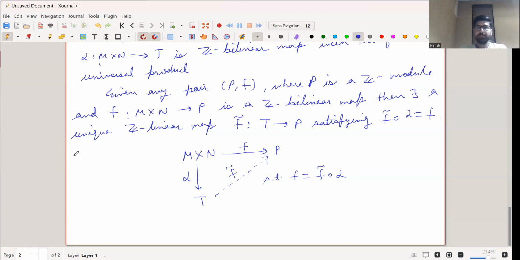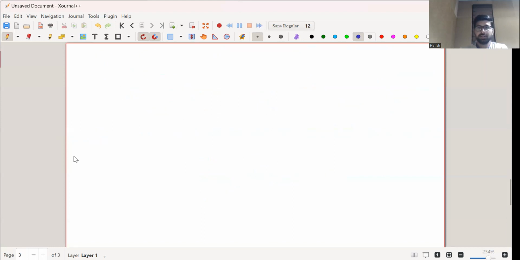So now an observation is: tensor product is unique if it exists.